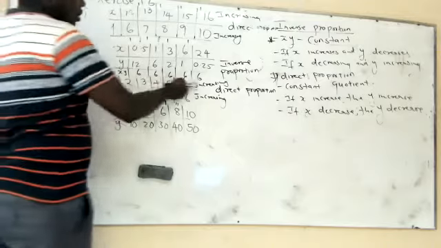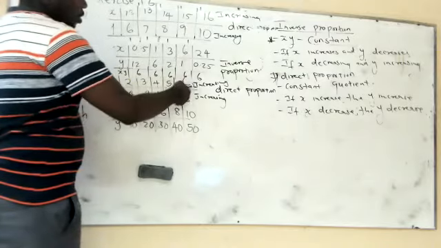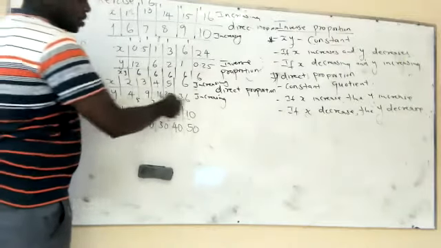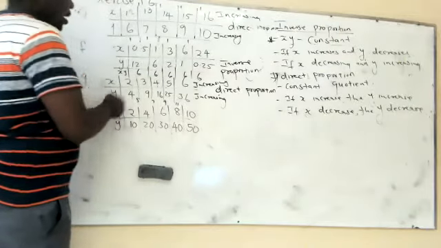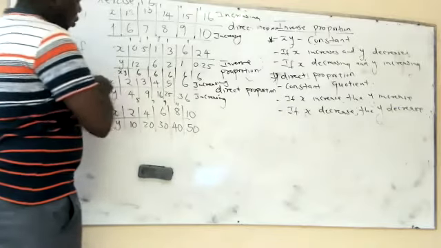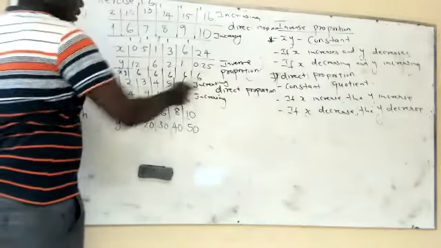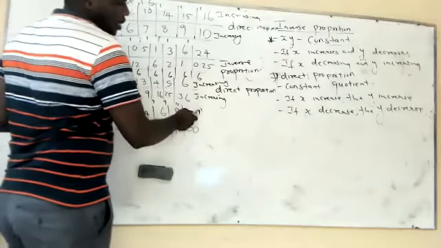It satisfied the constant quotient for x, but it does not satisfy the constant quotient for y. And it also satisfies the second, which says if x increases, y must increase in that case.